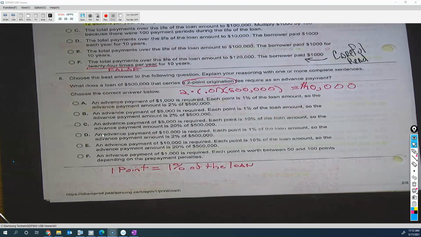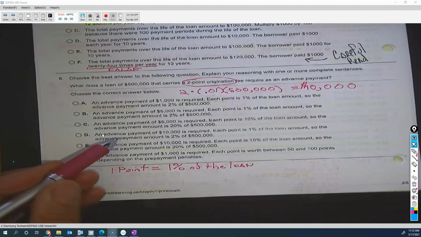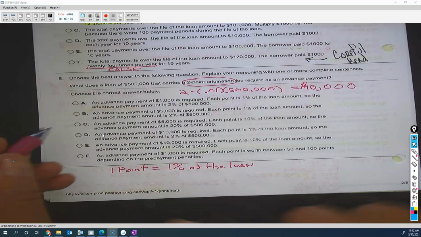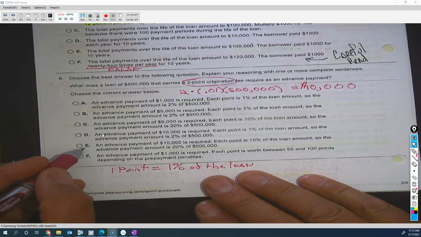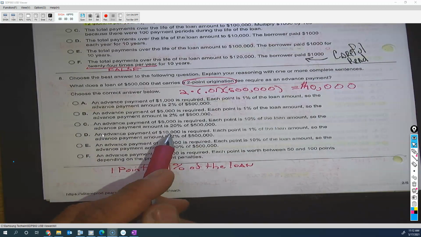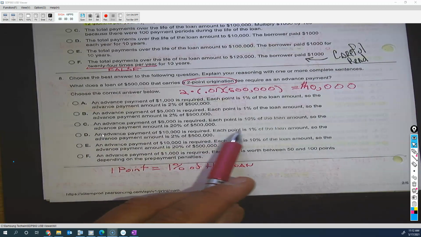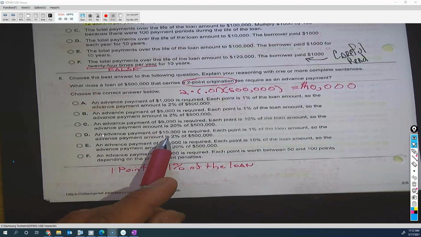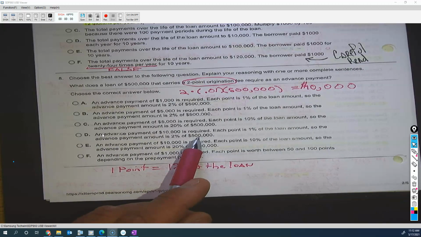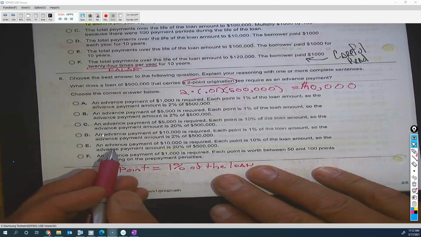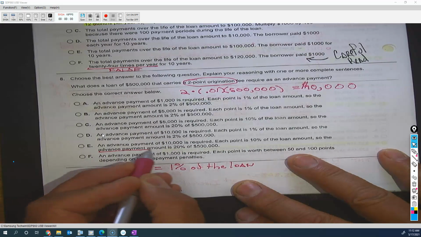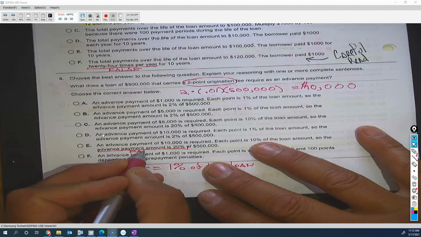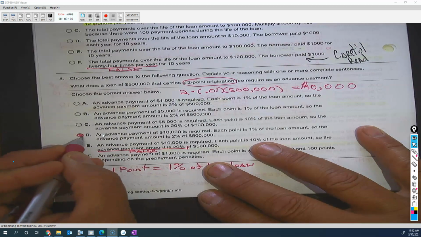Now you just got to be sure, let's see, there's 2 of them that have 10,000 in them. So D and E. All right, so the advance payment, 10,000. Each point is 1% of the loan. So the advance payment is 2% of 500,000. Yep, that's correct. Because the other one says the advance payment is 20% of 500,000. That's not true. So my answer is D.